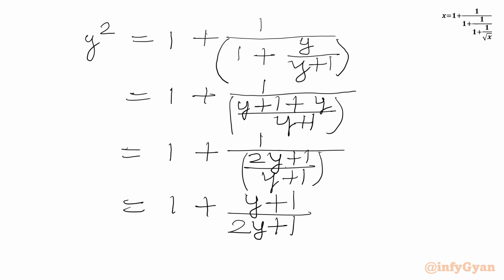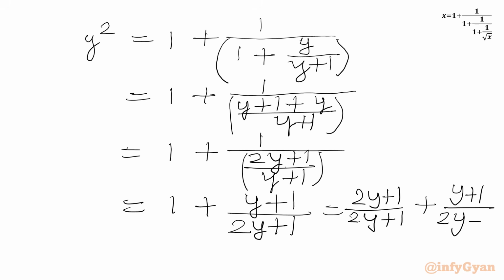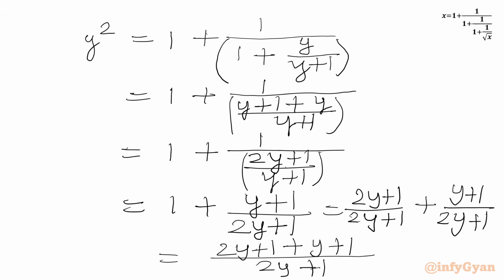In place of 1, we can write 2y plus 1 over 2y plus 1, then we have y plus 1 over 2y plus 1. The denominator is common, 2y plus 1, and in the numerator we add 2y plus 1 with y plus 1, which equals 3y plus 2 over 2y plus 1.